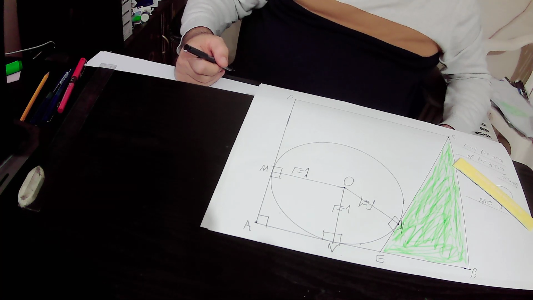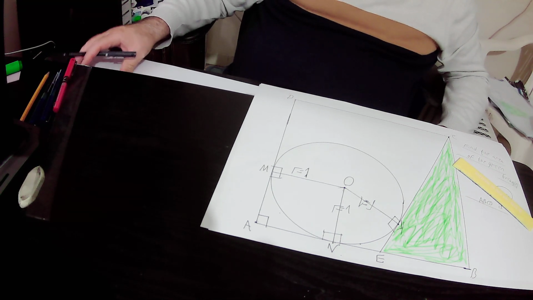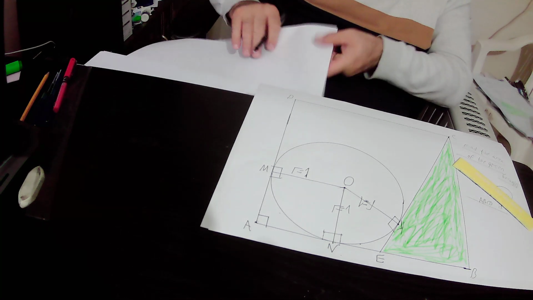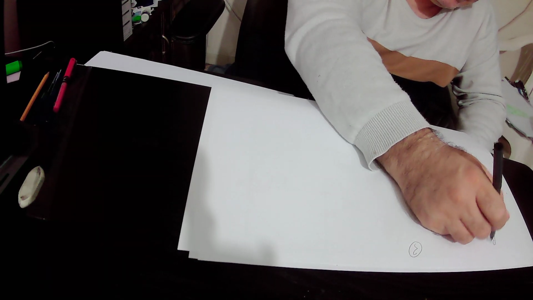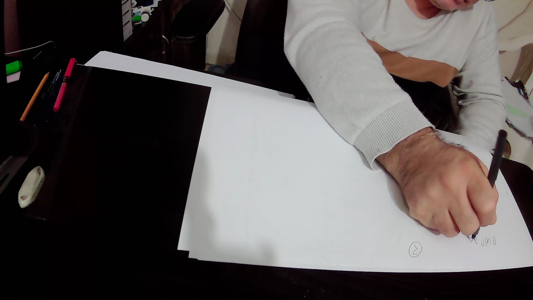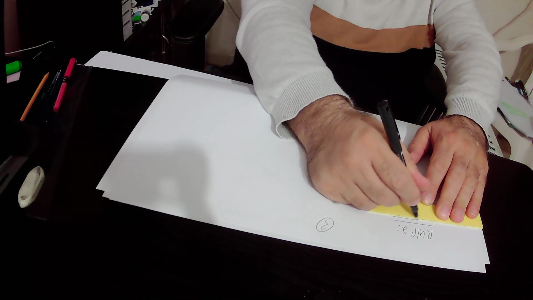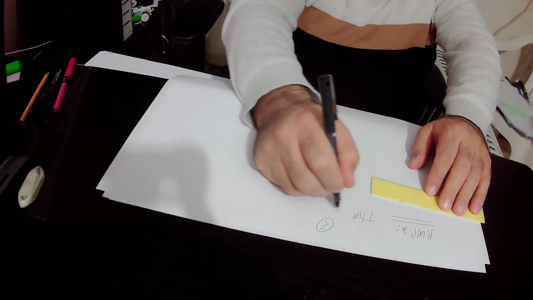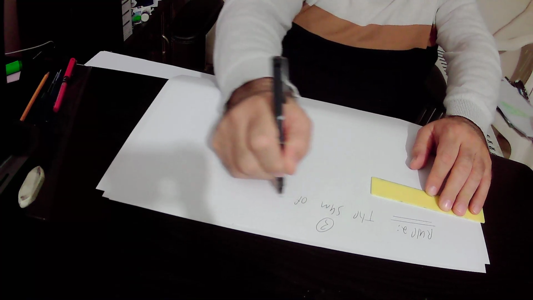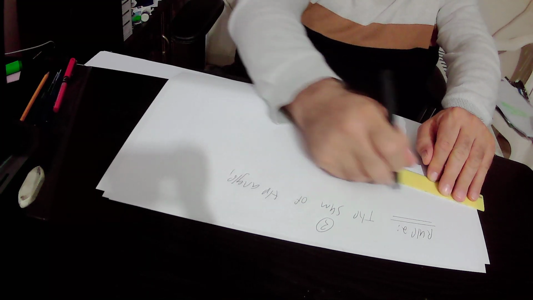And we also have rule number 2. According to rule number 2, the sum of the angles in any quadrilateral is equal to 360 degrees.